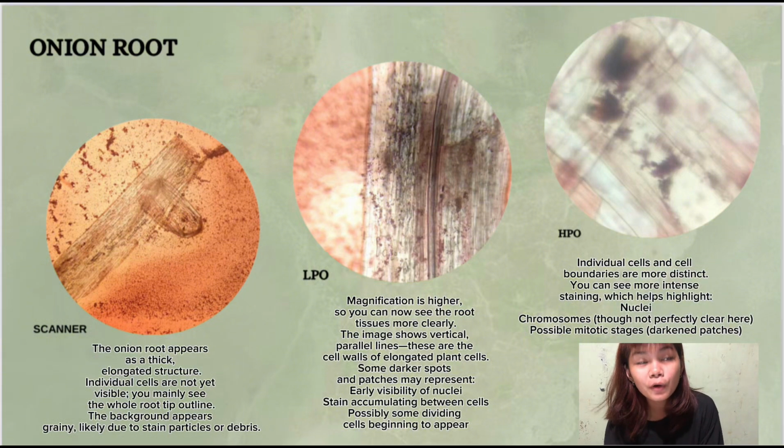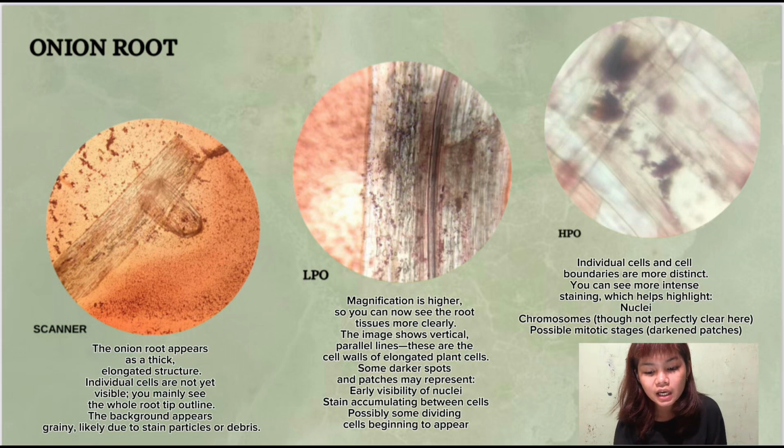For the low power objective, at medium magnification, individual cells began to appear as columns of rectangular structures. Even at this magnification, none of the cells show the distinctive features of mitosis, such as condensed chromosomes, spindle fibers, or dividing nuclei. The cells appeared elongated and uniform, suggesting they were in interphase, the non-dividing stage.